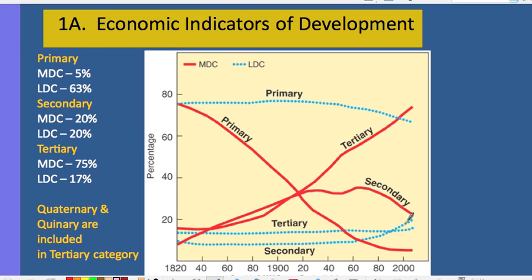So you can look at this and determine the development level of a country. If it has a very high percentage of jobs in primary sector jobs, you can basically determine that it's an LDC. Or if you see a very high percentage of tertiary sector jobs, then you can determine that it's probably an MDC.